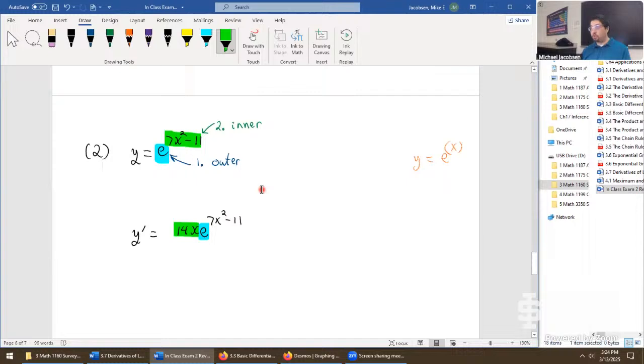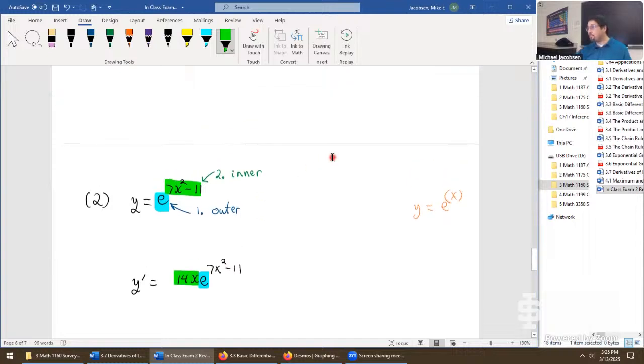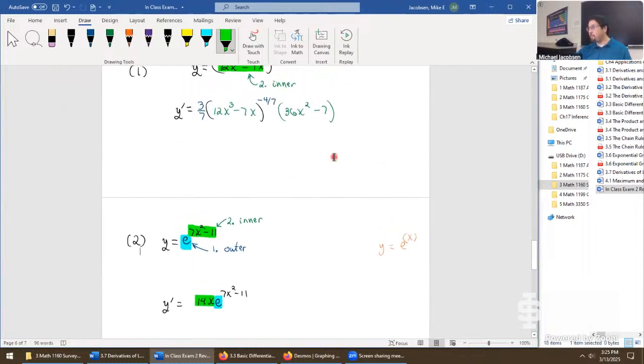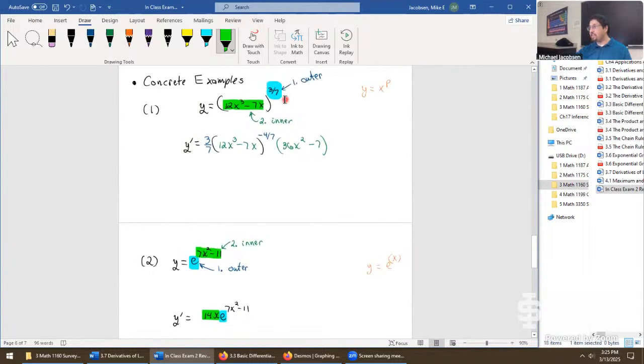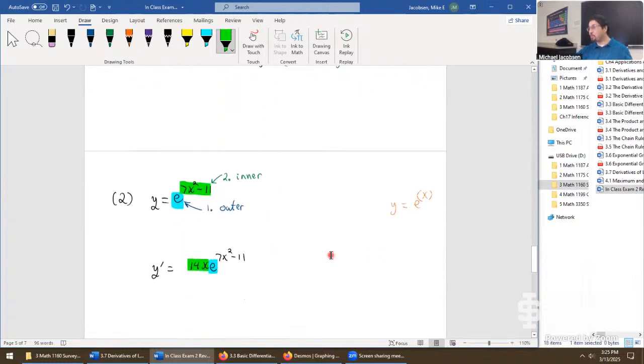So that's the next one. I feel like this one is something you really want to kind of separate in your mind based off of these right here, because the pattern here, we get too used to it, makes this problem way more confusing, right? Whenever it's an exponential. So these are the two concrete examples so far.